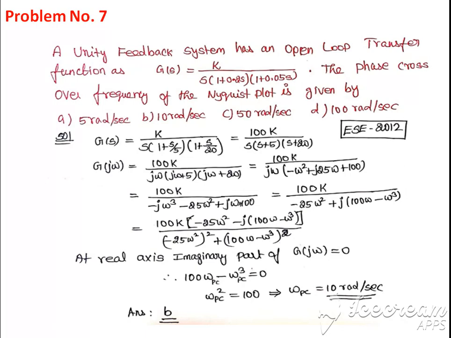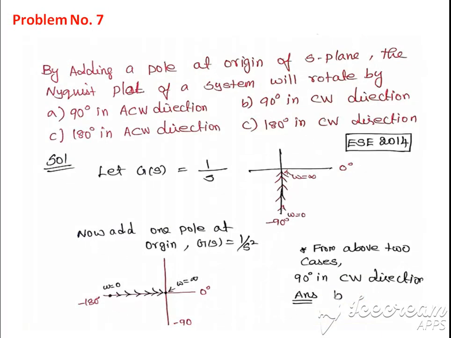First step is replace s by j omega and separate real and imaginary parts. At phase crossover frequency, the imaginary part of G(j omega) is 0. While solving this we get omega pc equal to 10 radian per second. The correct option is option B.